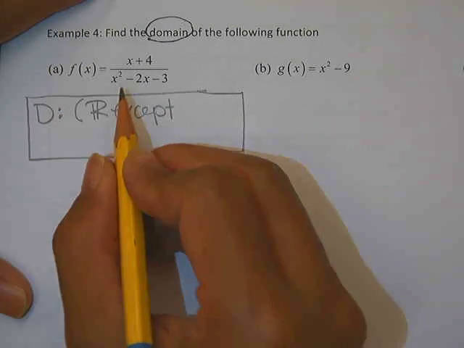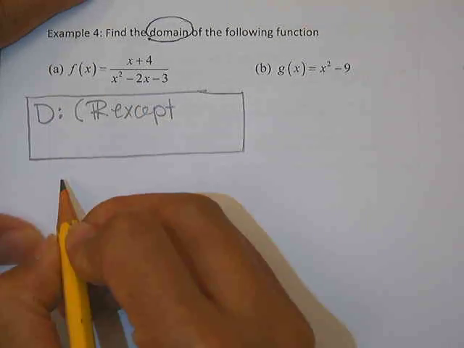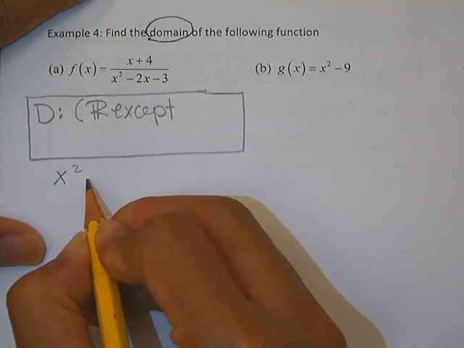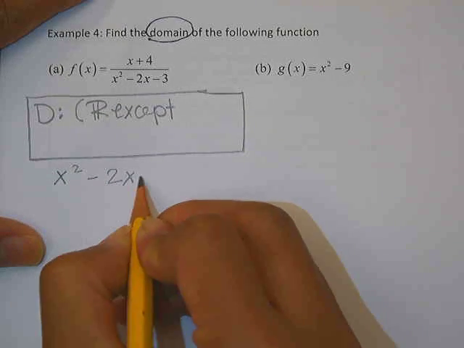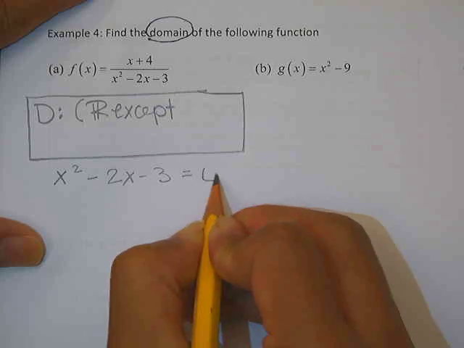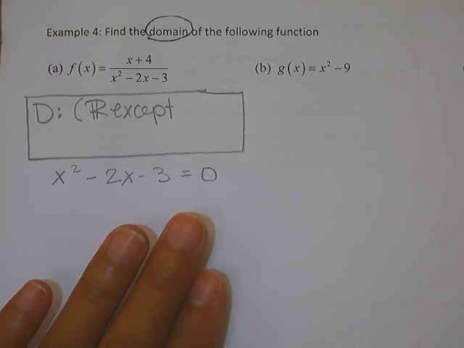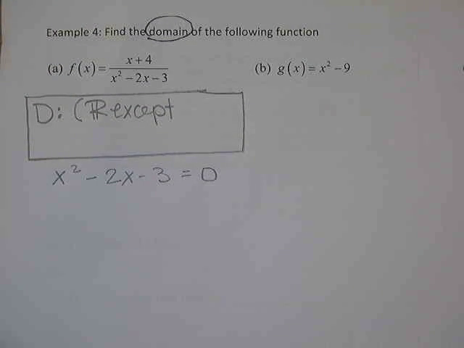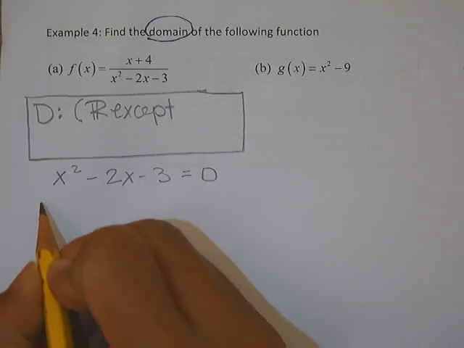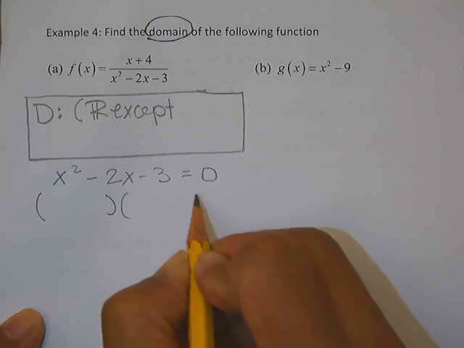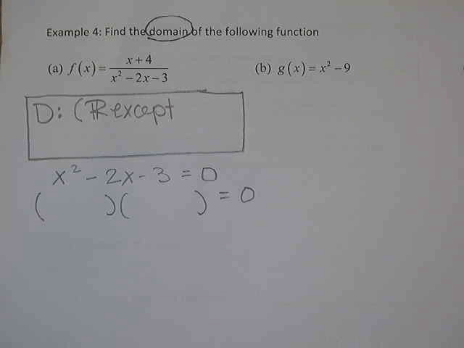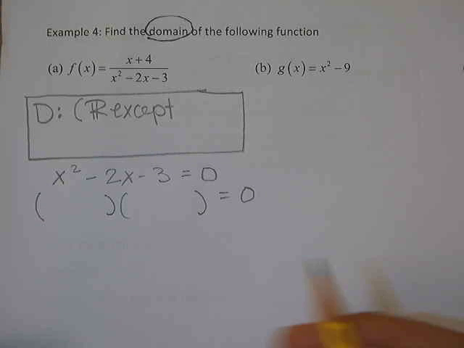We take the denominator, x squared minus 2x minus 3, and set it equal to 0, because we're going to exclude what makes it 0. From here, we're going to try to factor. If it's not factorable, you might need to use the quadratic formula. In this case, we are in luck.